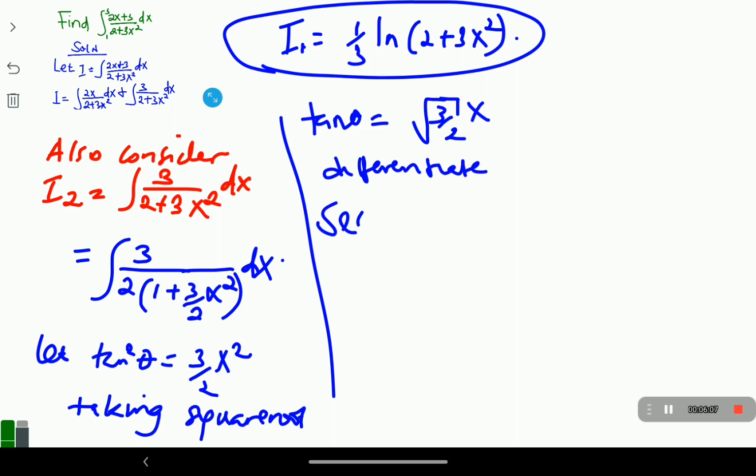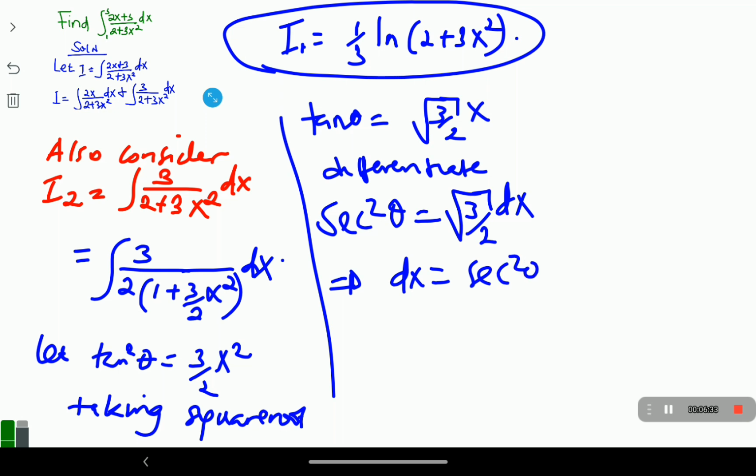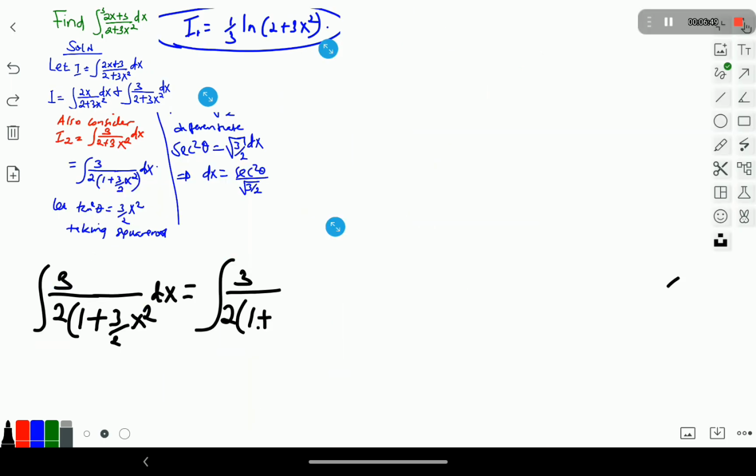If we differentiate tan, we get sec squared theta d theta, and on the right, the constant root of 3 over 2, since x goes to 1. So we have dx equal to sec squared theta divided by root of 3 over 2, d theta, because now we just want to express x in terms of theta.